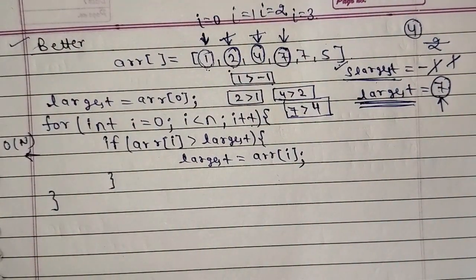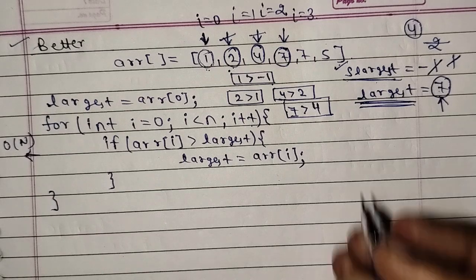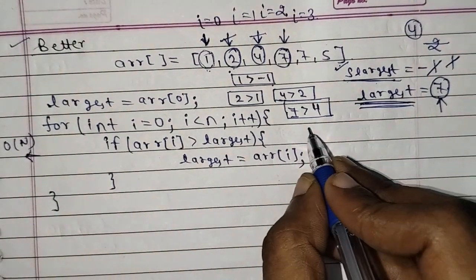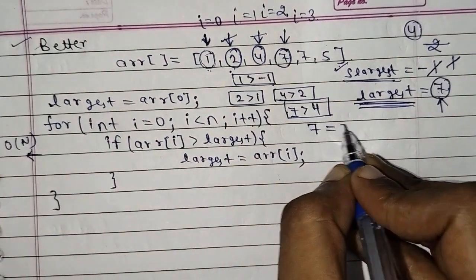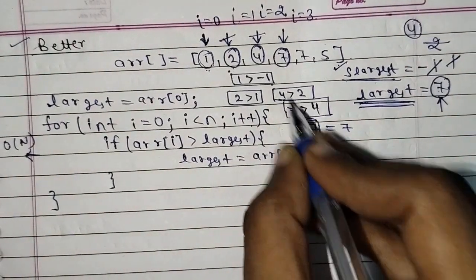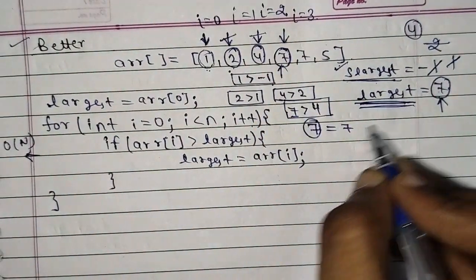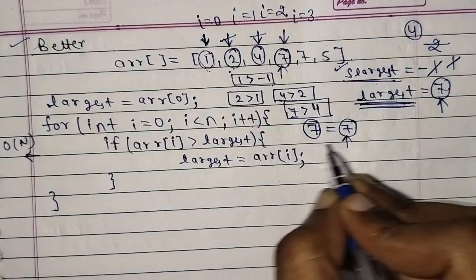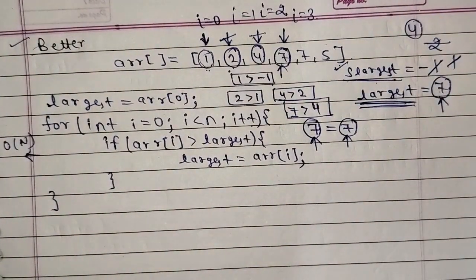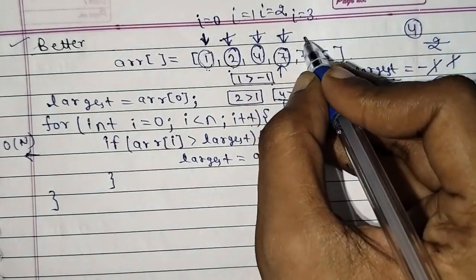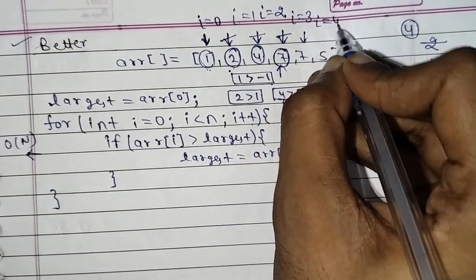No, I am equal to largest. Here the element is 7 and our largest element is also 7, so they both are equal. So don't update; let's move on. I is equal to 4.